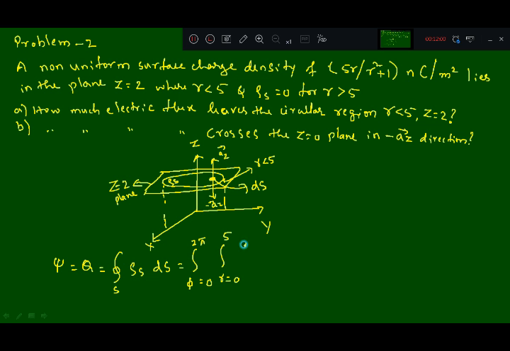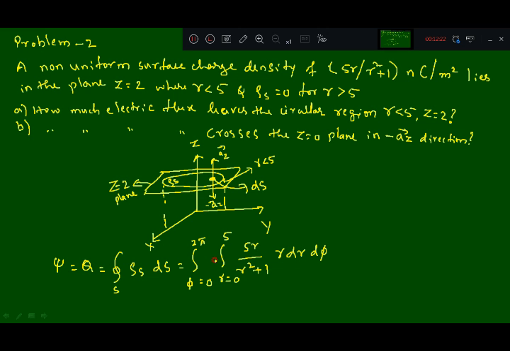So this is 5r divided by r square plus 1 into ds. ds is nothing but r dr into d phi. Okay, so this is the value we have calculated.